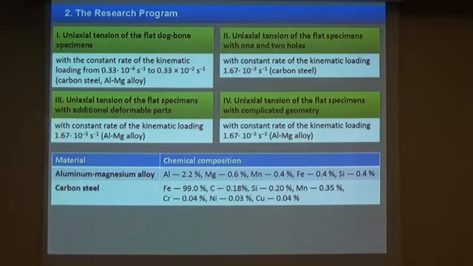So this is a special specimen with 2 L-shaped holes. And here there is a table. This is the chemical compositions of the 2 materials which are under study.